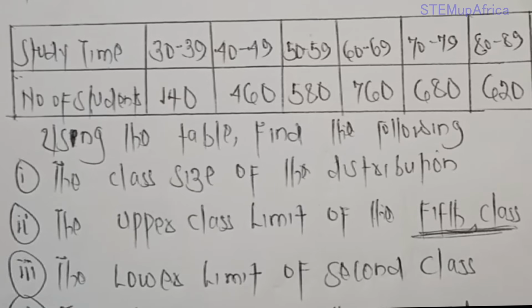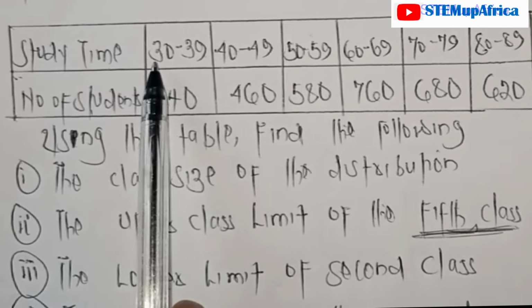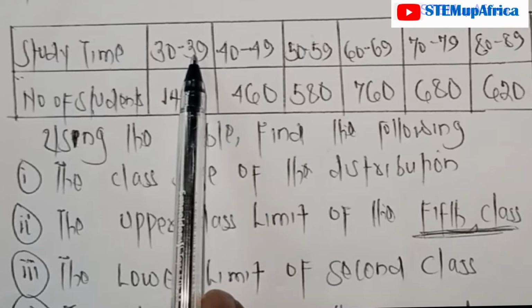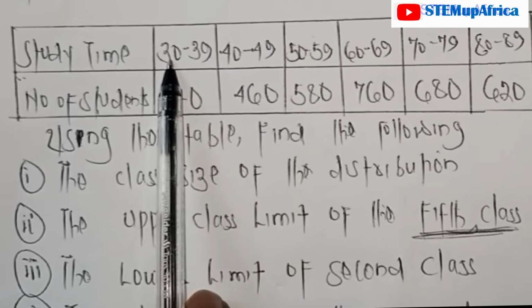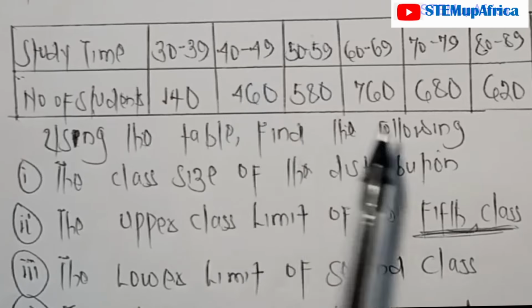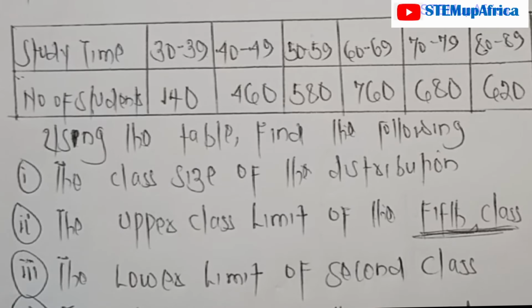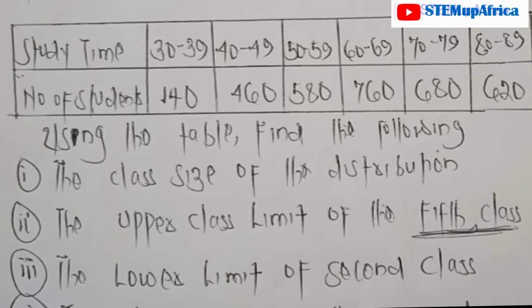So the class size is the difference between 2 class intervals. While doing it, you can use lower class versus lower class or upper class versus upper class, but you cannot use lower class versus upper class. So the difference between 2 classes, whether lower or upper, is what we call class size. Now I will put an answer to that.